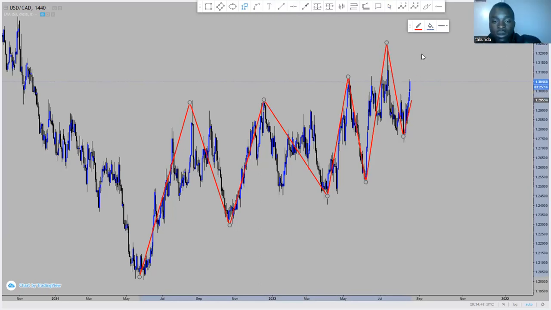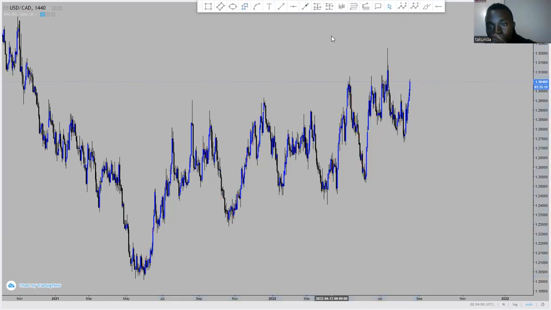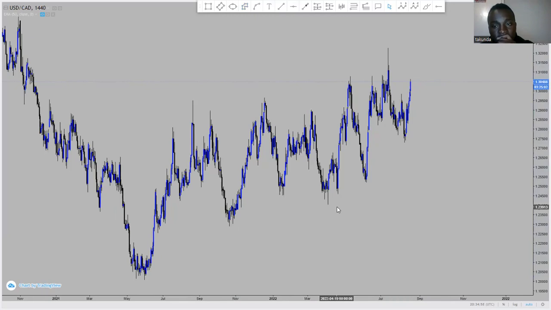Once we have seen that it's in a bullish market structure, our main focus is to identify the buying entry points, because in a bullish market structure, our focus is more on buying than selling, because the bullish market structure is saying we are going up, right?